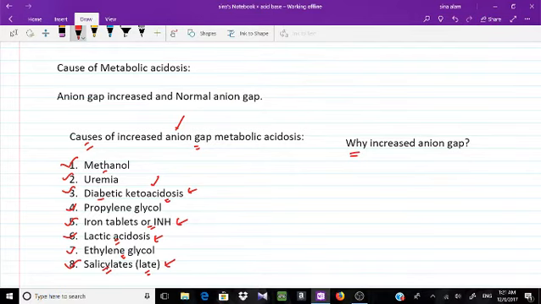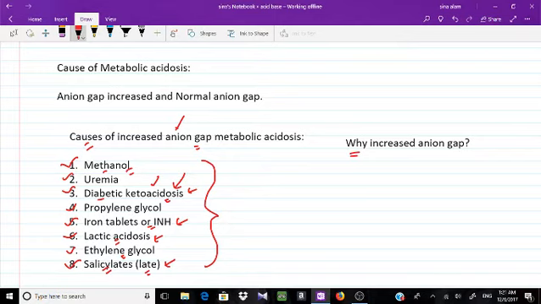It means that when you have an increased amount of these products, it may be you are ingesting some methanol, or if there is diabetes, type 1 more precisely, because type 2 can also have diabetic ketoacidosis, but type 1 diabetic people are more prone to diabetic ketoacidosis.